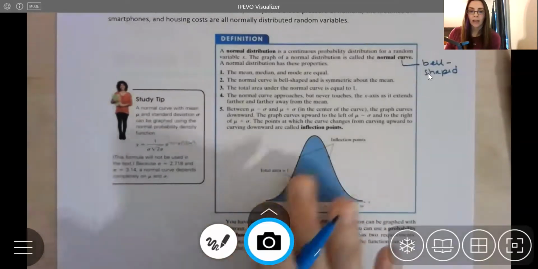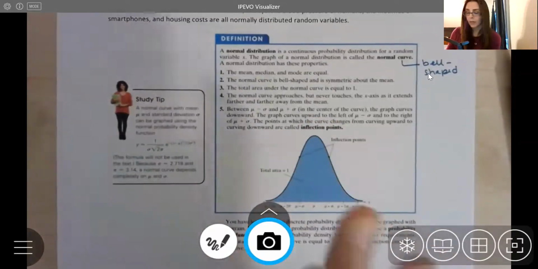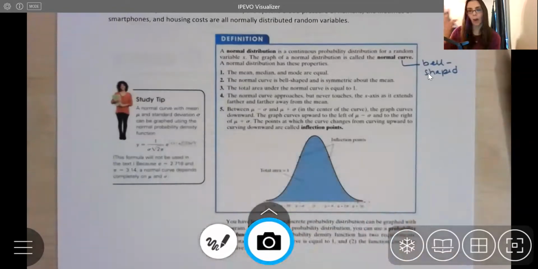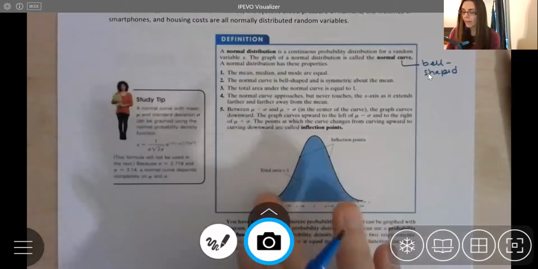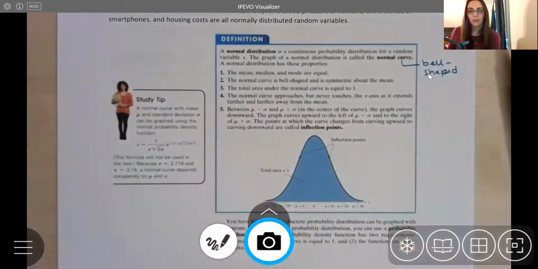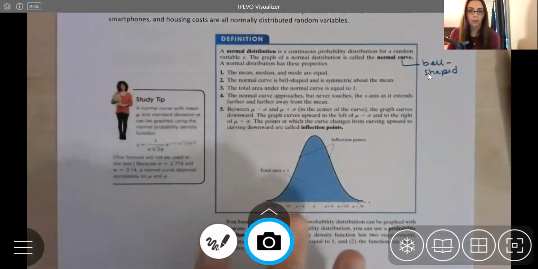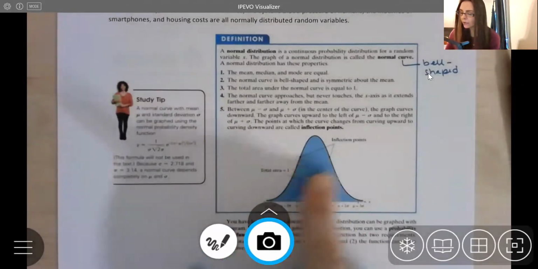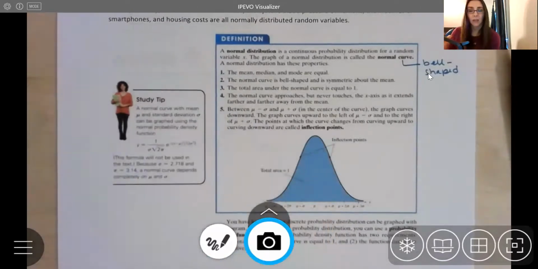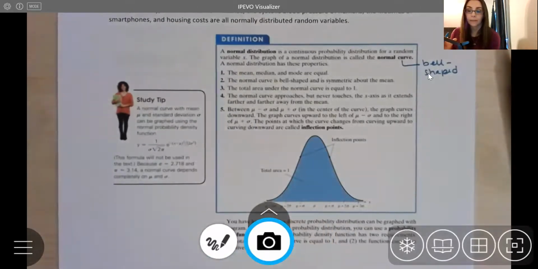The area under the curve is equal to 1 because the total area under the curve represents the total probability. With continuous curves, remember that values can be anything within an interval. So it's not going to be like a discrete probability distribution where we have a table, because I can't list every single value. It's not possible with continuous curves, so we use area a lot more here.